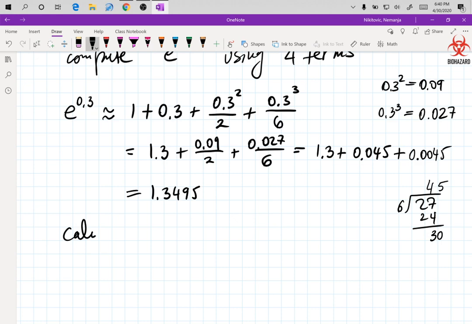Calculator computes e to 0.3 to be approximately 1.34985. Oh, come on, right? We are off on the 4th decimal. This is insanely good, right? Precise.